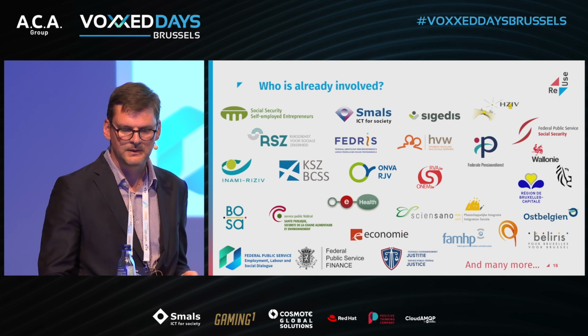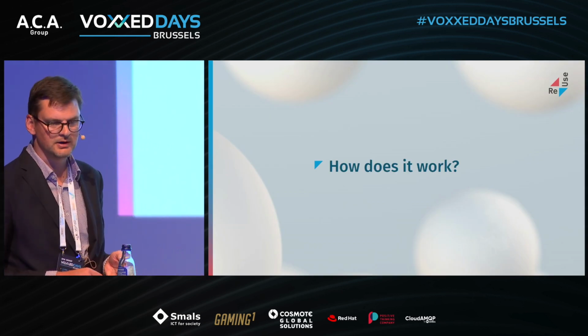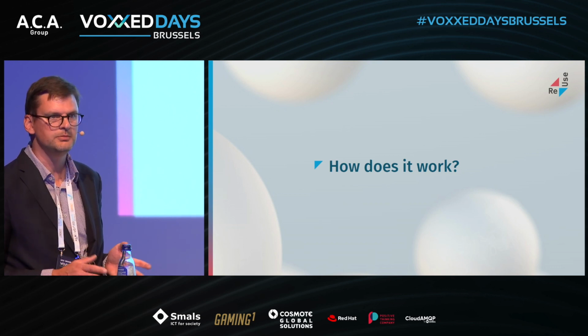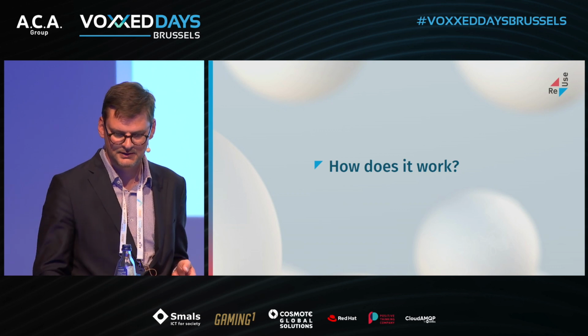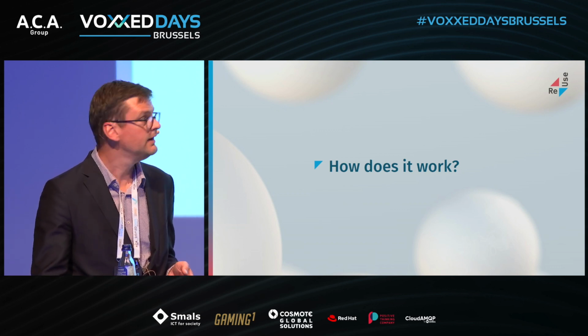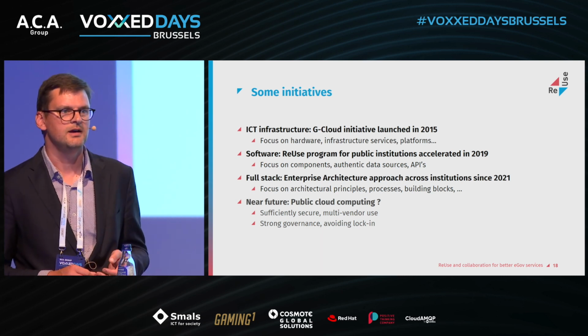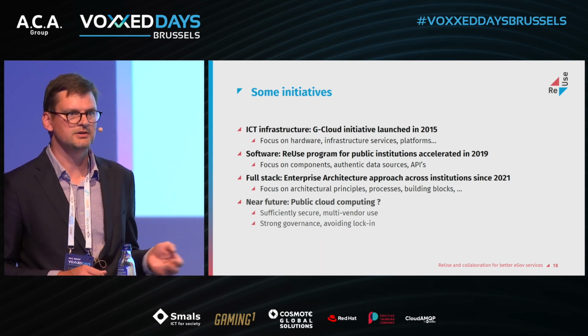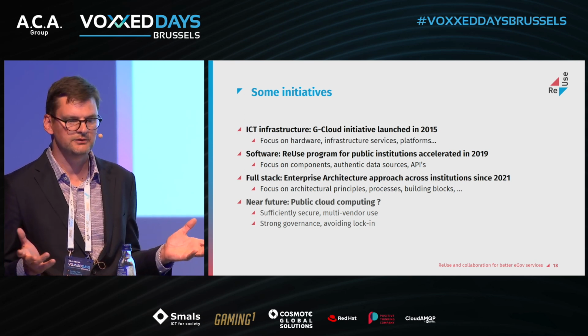And then when we dive a bit deeper into the reuse aspects, I will show some of the initiatives and some examples. So as I said, it can be done at different levels. And in the government, we started in 2015 by sharing infrastructure.